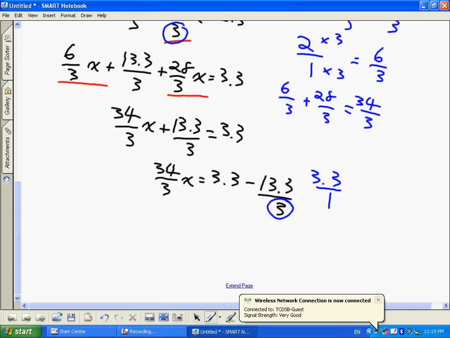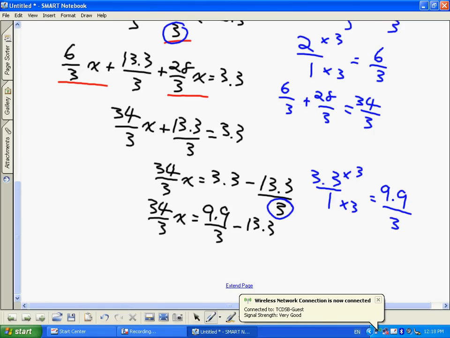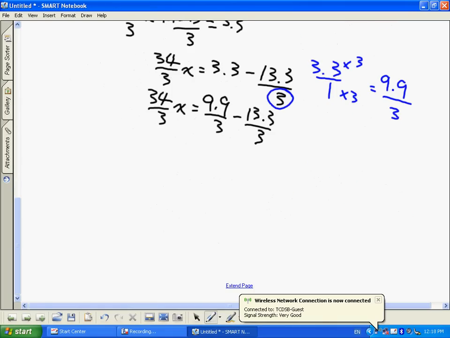So that means I need to multiply the top of this fraction by 3 and the bottom by 3. I'm going to end up with 9.9 over 3 as my new number. So 34 over 3x equals 9.9 over 3 minus 13.3 over 3. Lots of fraction work for that. We'll do it on the side.